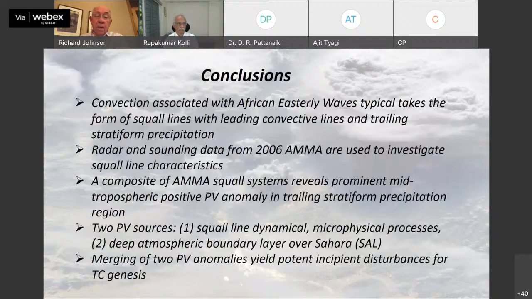Next. We've looked at convection connected with African easterly waves, and it typically takes the form of squall lines with leading convective lines and trailing stratiform precipitation.